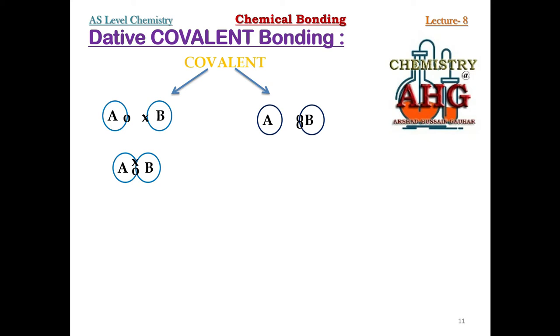Now what will happen when both these atoms overlap shells of each other? Now what difference you can notice, in this case the shared pair, the bonding pair, would be represented by electrons of same style. It means both these electrons are provided by the same atom. Whenever this type of bond formation is shown, it is dative or coordinate covalent bond formation.